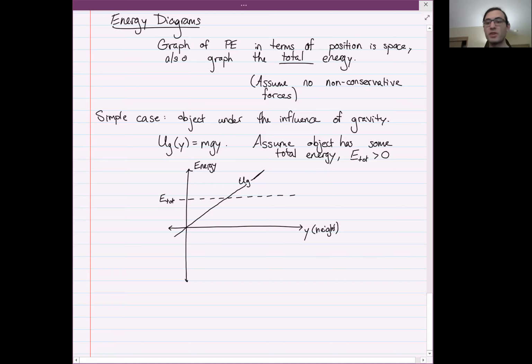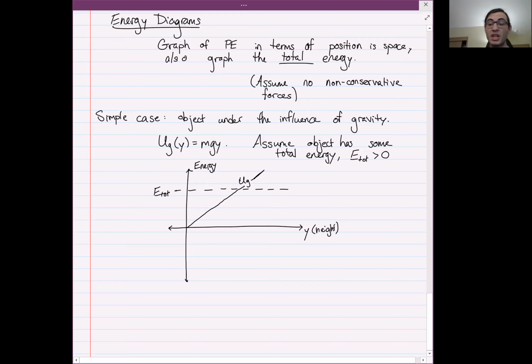Actually, let me draw a slightly more illustrative line. Let's make it a little bit higher. I promise it'll make it easier to see what I'm about to do.